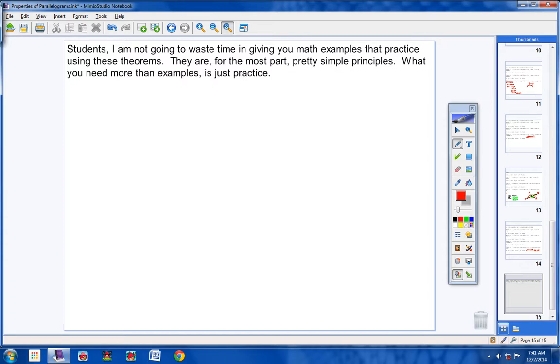Okay, so very quickly, you can take notes on this, or you can just watch. But I'm going to list out the 5 things we know about parallelograms. I'm going to sum it all up for you, okay? You can copy this down, or you can just look. Opposite sides are what? Parallel. Opposite sides are what? Congruent.